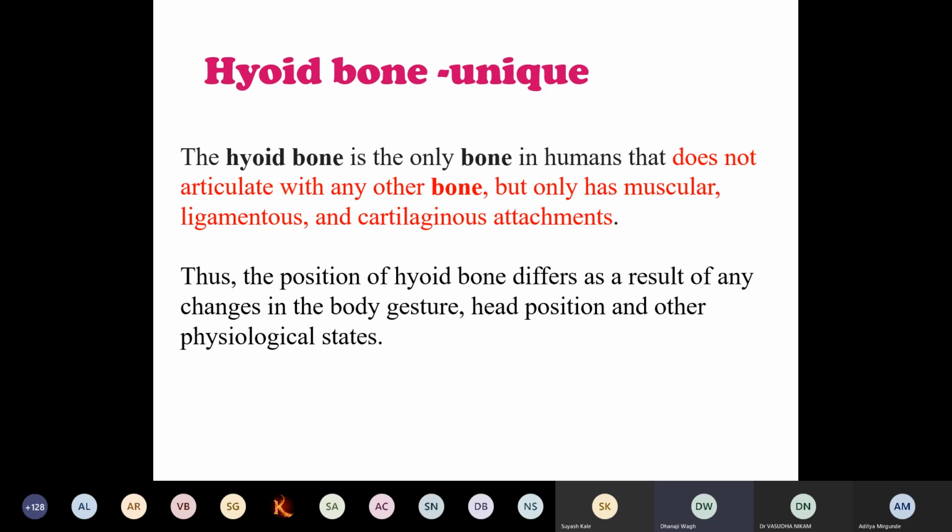So this is unique to the hyoid bone. It does not articulate with any other bone; there are only muscular, ligamentous and cartilaginous attachments.